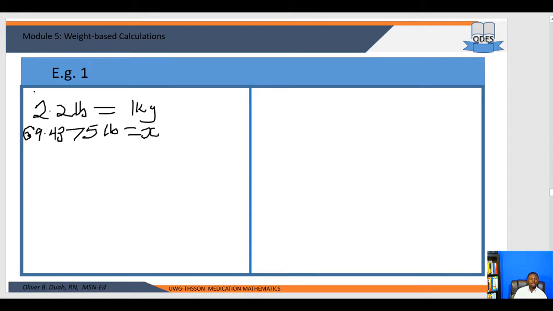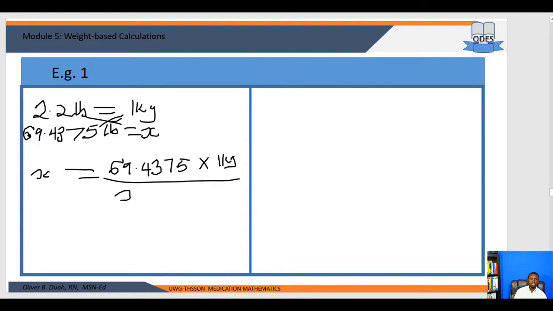So if we do our cross multiplication, then we are going to have x equals to 69.4375 times 1 kilogram divided by 2.2. And so let's see what that will give.